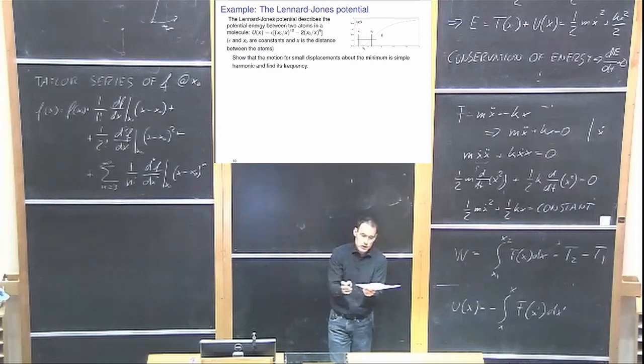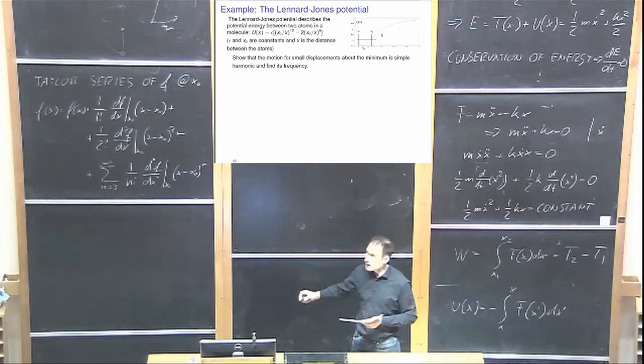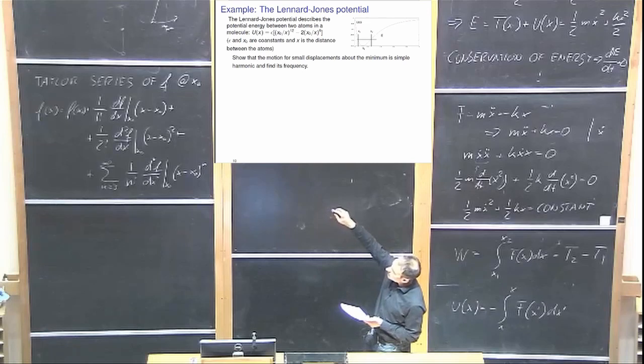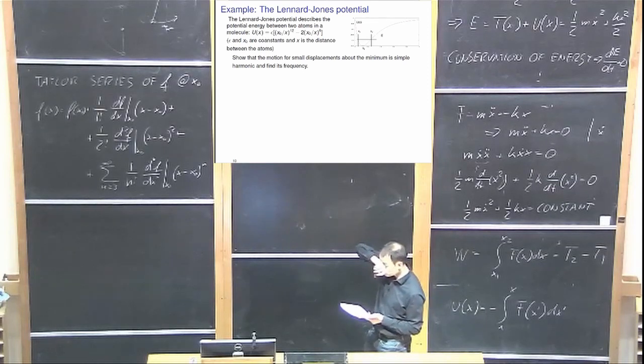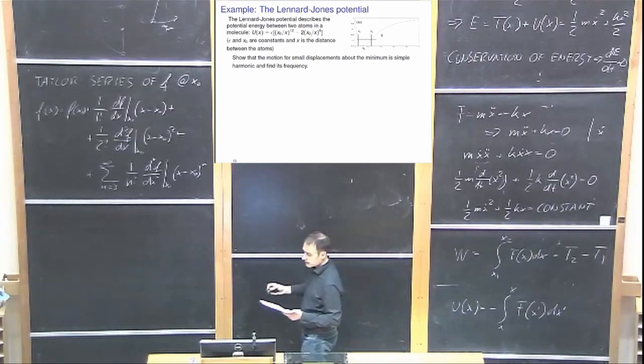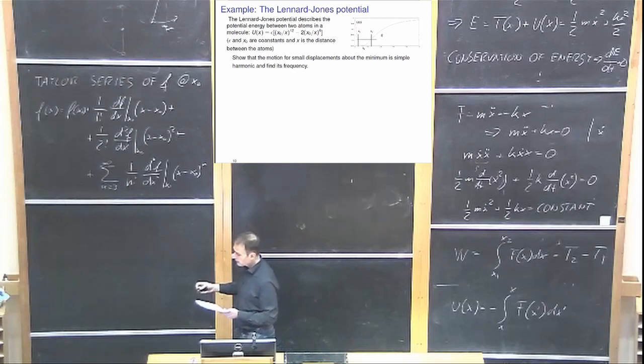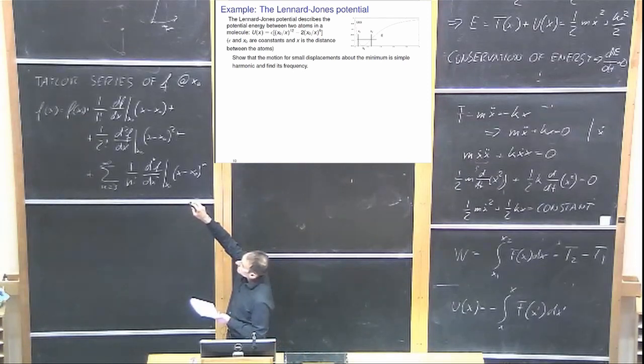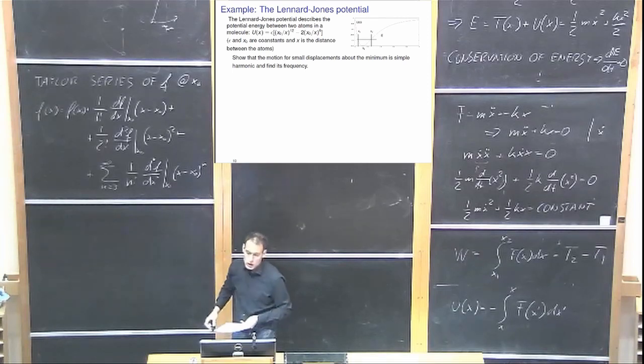If you try to push the atoms together, the electron wave functions overlap and it's repulsive. And this is the attractive term, where the molecules are attracted by long-range van der Waals attraction. You can see the 12th power falls off pretty quickly, and the 6th power is a little bit more long range.